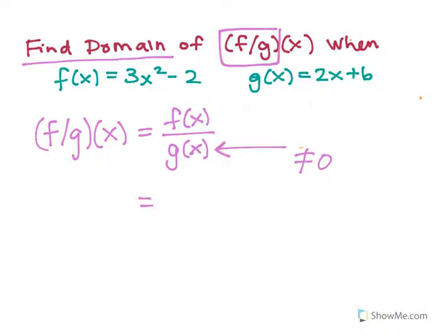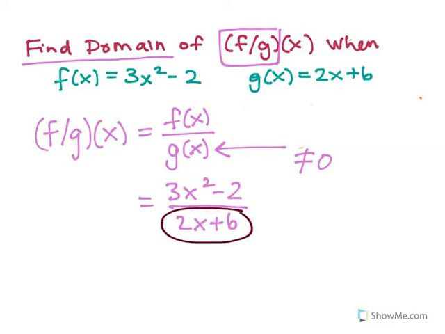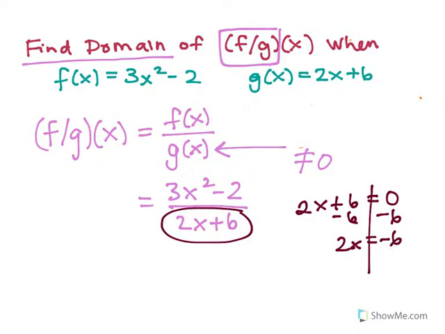So if we plug in our expressions here, we get 3x squared minus 2 divided by 2x plus 6. And I need to go ahead and take this denominator and make sure that I know when it will equal 0. So I'm going to do 2x plus 6 equals 0. Subtract 6 from both sides. 2x equals negative 6.